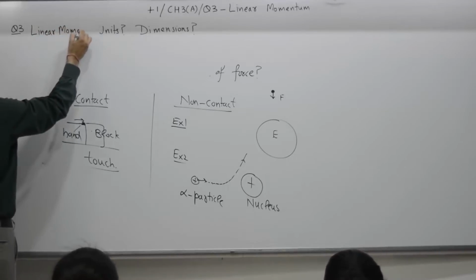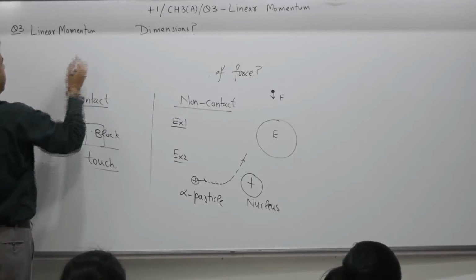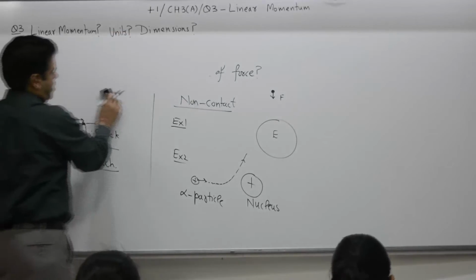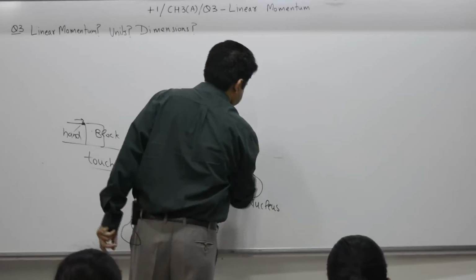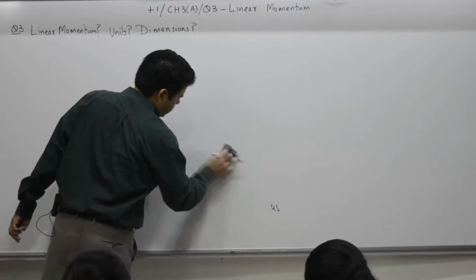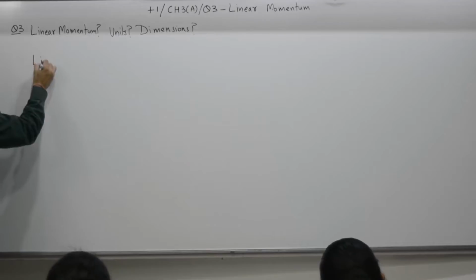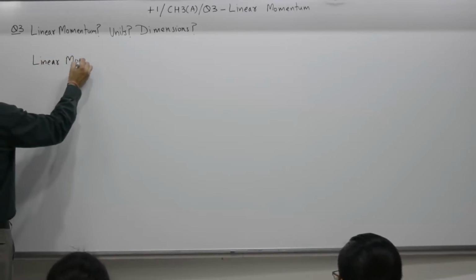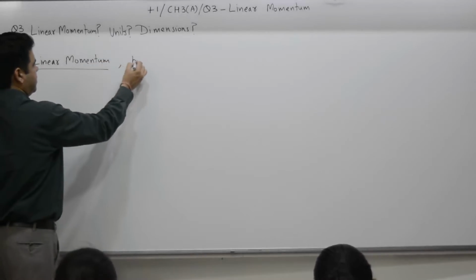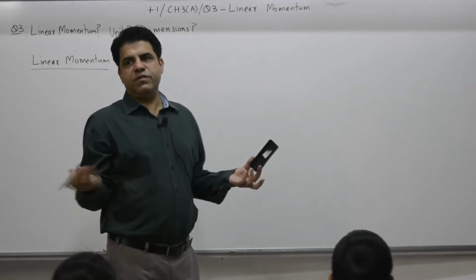Linear momentum. It is defined as the product of mass and velocity.